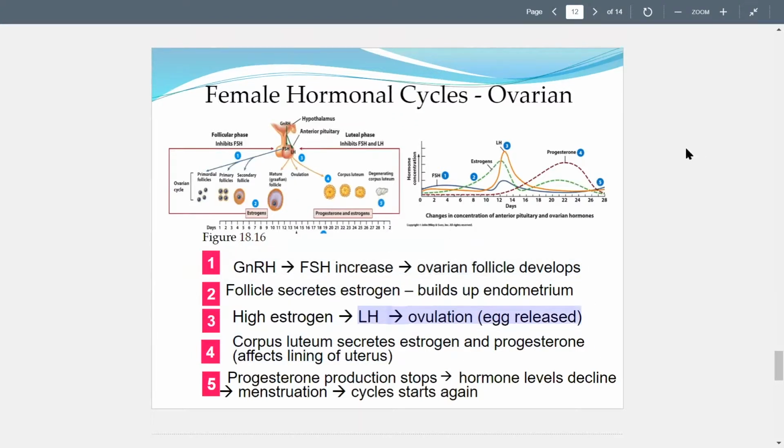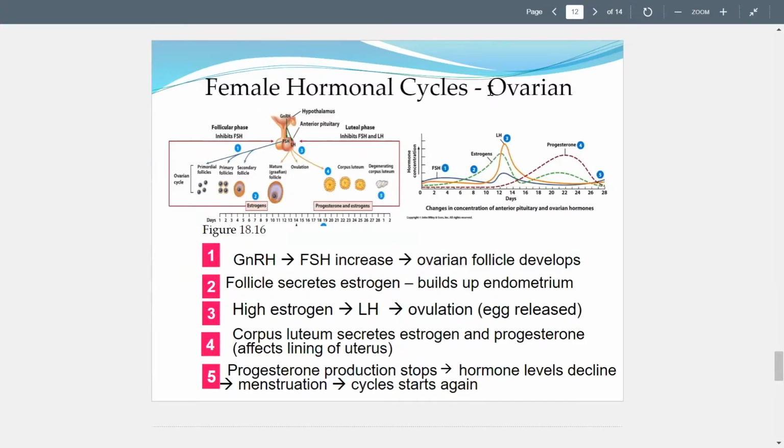Then the corpus luteum secretes estrogen and progesterone, which affects the lining of the uterus. Then progesterone production stops, which leads the hormone levels to decline, and then menstruation, and the cycle starts again. That's a brief overview.